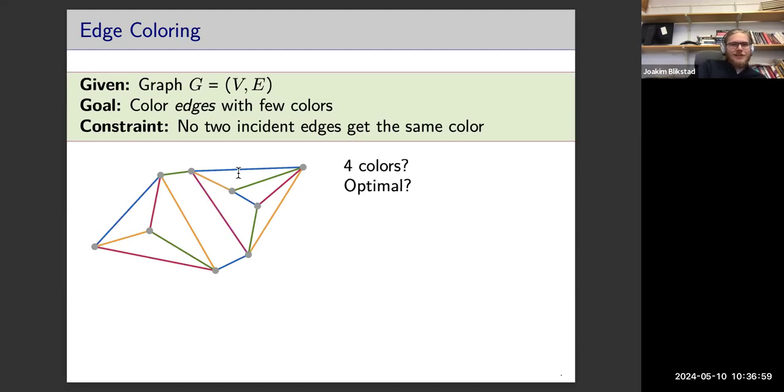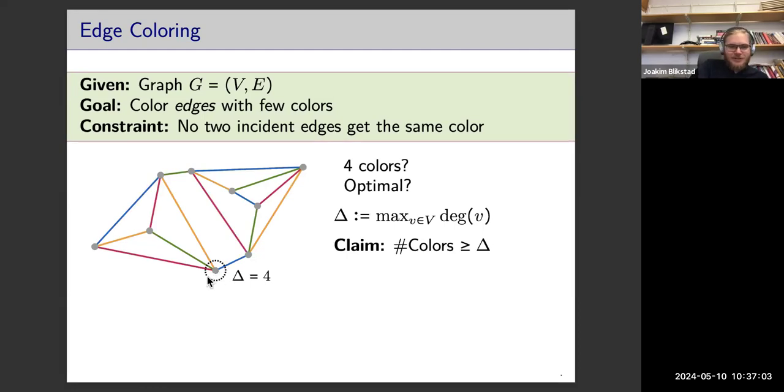One easy way to see that it's optimal is to look at the maximum degree. Let's look at this node, for instance. It has degree 4. Throughout this talk, I will use delta to denote the maximum degree. It's quite easy to see that the number of colors you need is at least delta, because all the edges incident to this max degree vertex must have different colors.